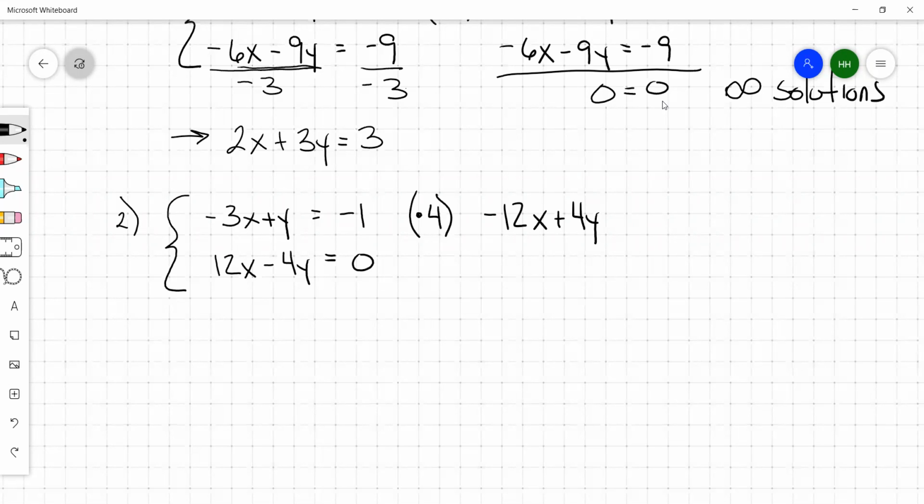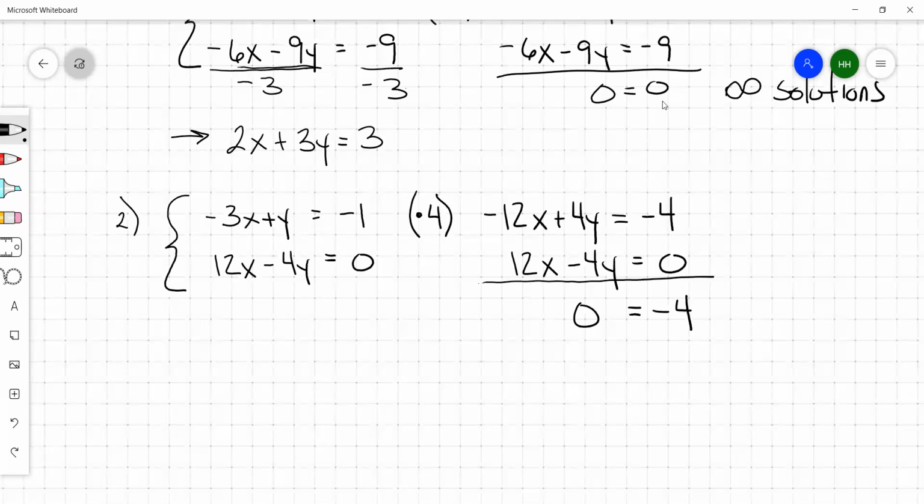Negative 1 times 4 is negative 4. Look what happens. You get 12x minus 4y equals 0. When you combine on the left, the x's and the y's disappear, so you get 0 equals negative 4. And when 0 is equal to negative 4 and you haven't made any mistakes, there's no solution. Parallel lines. The lines are parallel to each other.